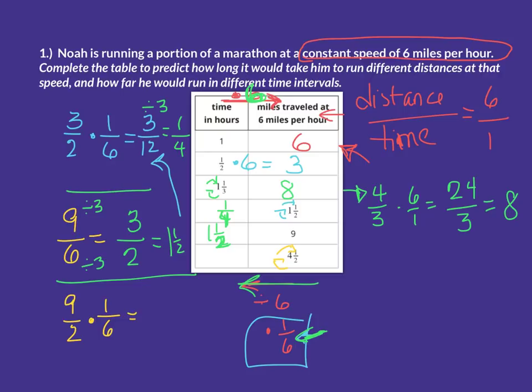Keep the top with the top and the bottom with the bottom. So 9 times 1 is 9, and 2 times 6 is 12. The gazinta they share, again, is 3. Divide top and bottom by 3. So 9 divided by 3 is 3, and 12 divided by 3 is 4. So the last one is 3/4.